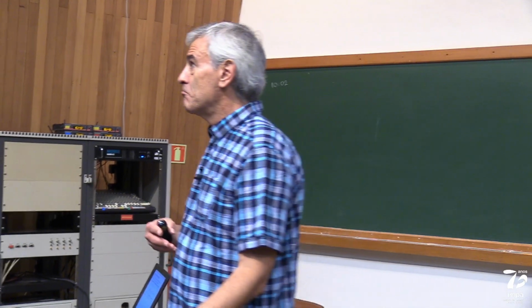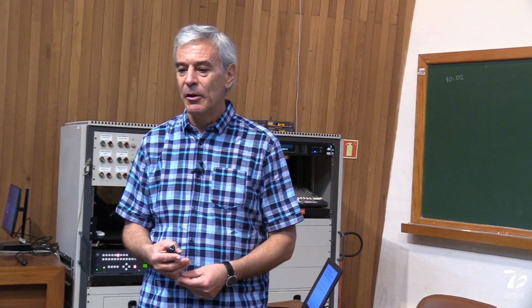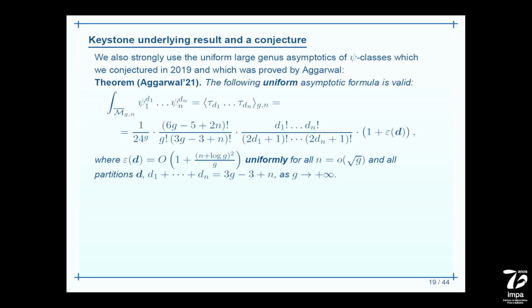One way to reformulate Witten's conjecture is to say that these numbers, which are positive rational numbers because this is an orbifold and not quite a complex manifold, satisfy a certain recursion, which is called Virasoro constraints, and this recursion is complicated.